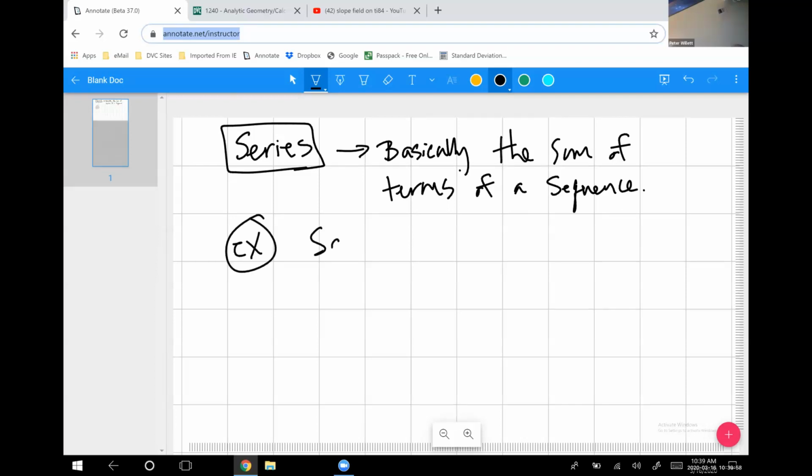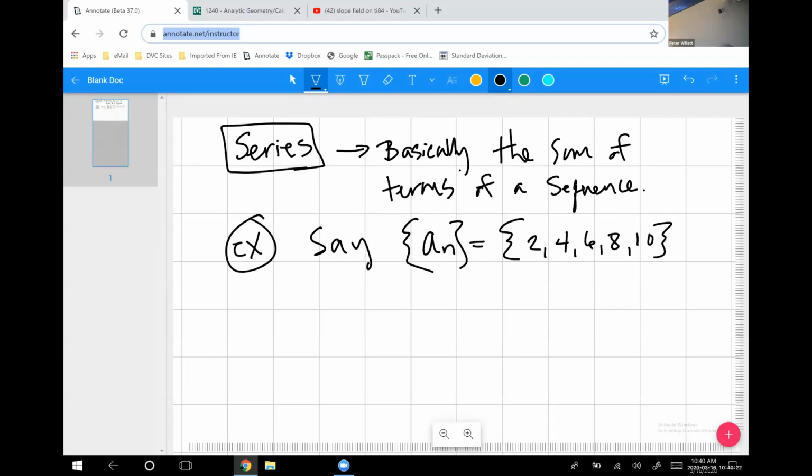So let's say that A sub n is equal to, let's do it this way: 2, 4, 6, 8, 10.